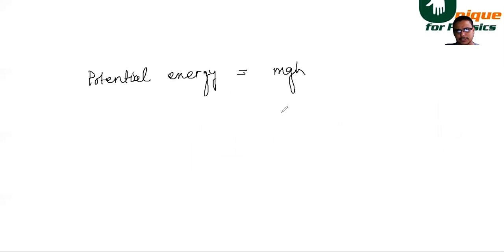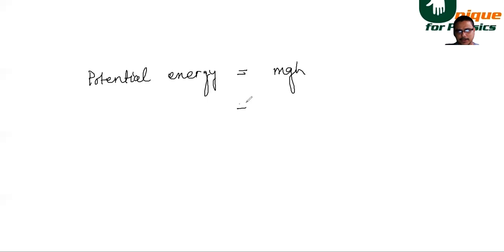Change in potential energy gives you the work done, change in kinetic energy gives you the work done. So energy, work done, potential energy, kinetic energy, they will all be dimensionally the same thing.